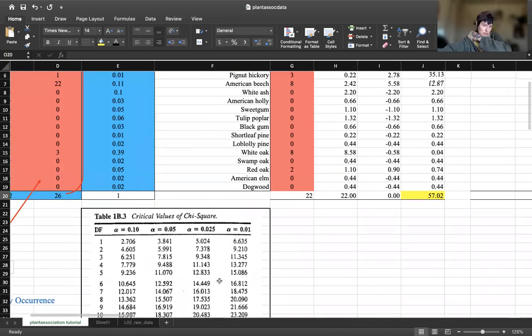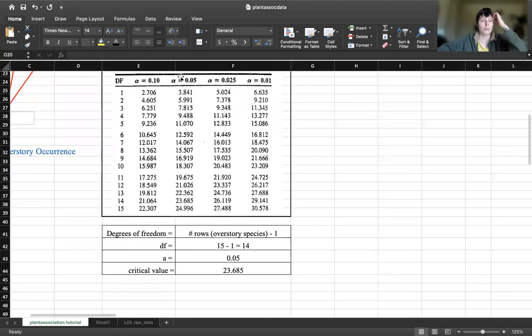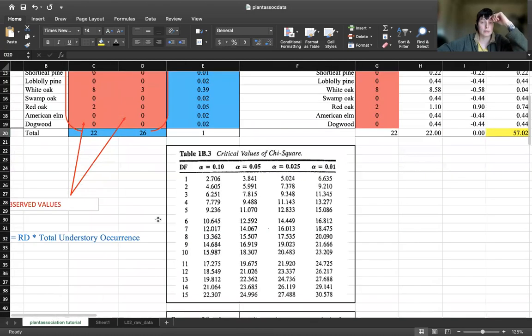So if you come down here, we're going to look at table 1B3 from the Brower-Sar handout. You have the chi-square table of critical values. We're using alpha equals 0.05. And to calculate the degrees of freedom, you're going to subtract 1 from the number of rows or the number of overstory species.